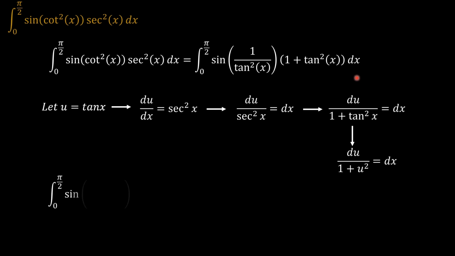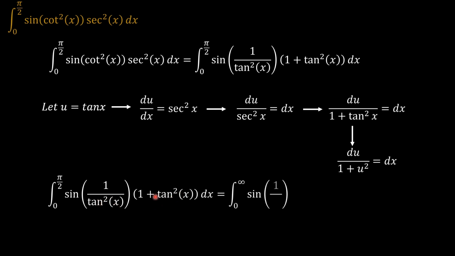And so looking at this expression here, in place of tan squared x we'll plug in u squared, and then this is obviously 1 plus u squared, but dx is the same as du over 1 plus u squared. So what we see here essentially is that this 1 plus u squared and this 1 plus u squared cancel out.